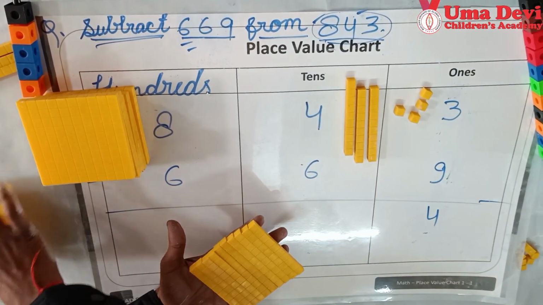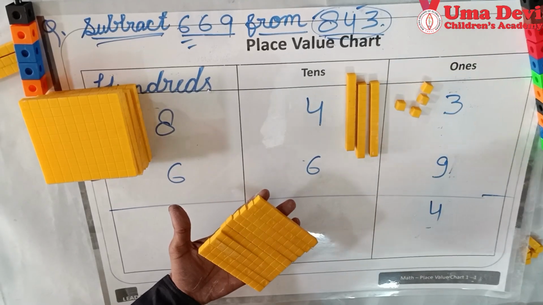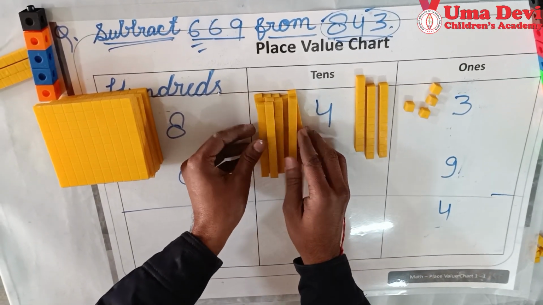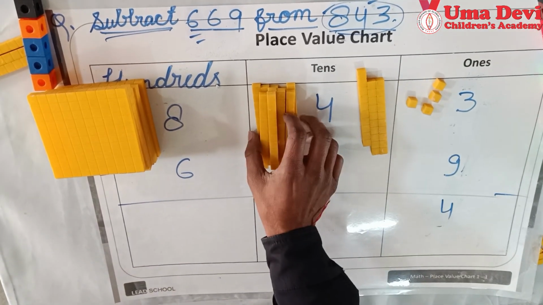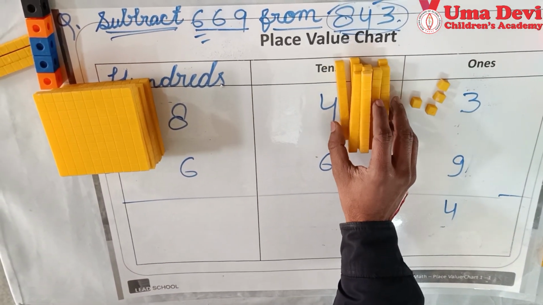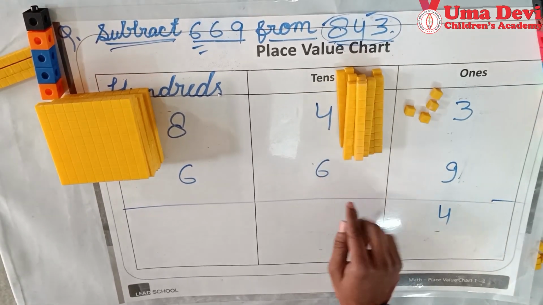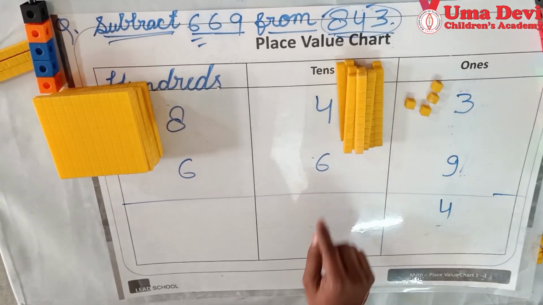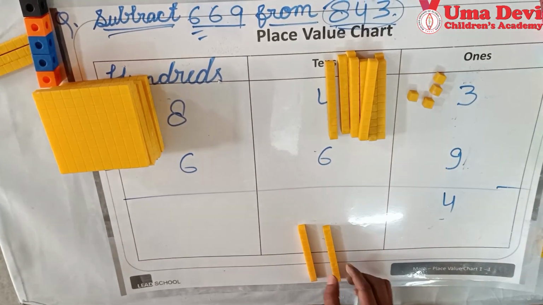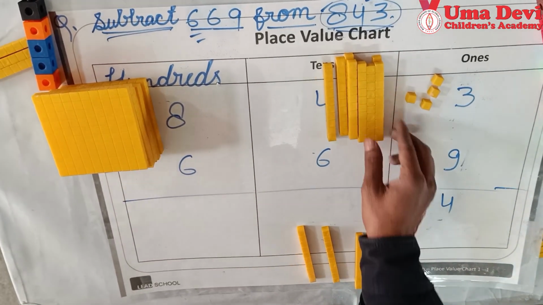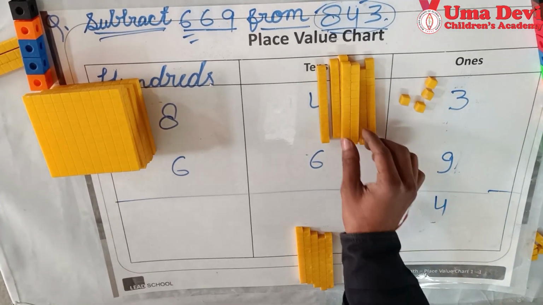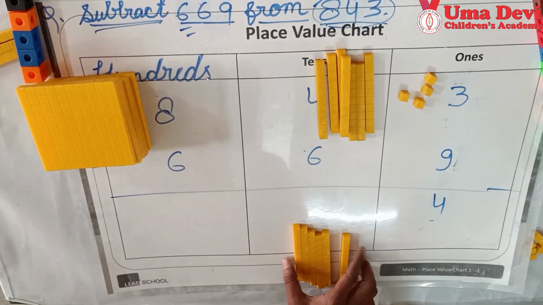So these are 10 and these are 3, means now there is 13. From this 13 we will take away 6: 1, 2, 3, 4, 5 and 6.